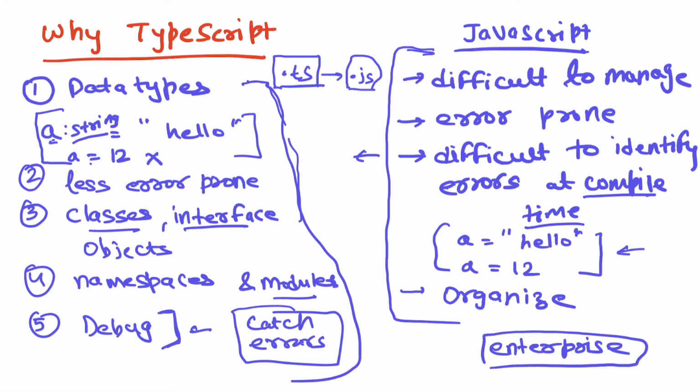So if you start writing your JavaScript code in TypeScript manner, using the TypeScript programming language, you get all of these features, and behind the scenes your code gets converted into JavaScript only. That is why TypeScript is becoming very popular. Instead of writing JavaScript directly, start using TypeScript and start getting all of these advantages.